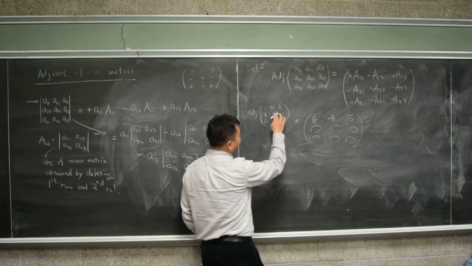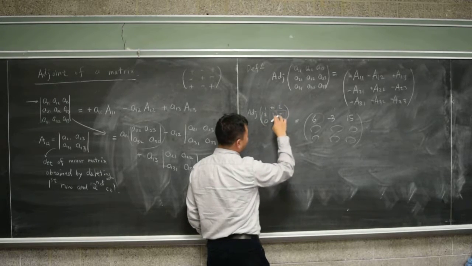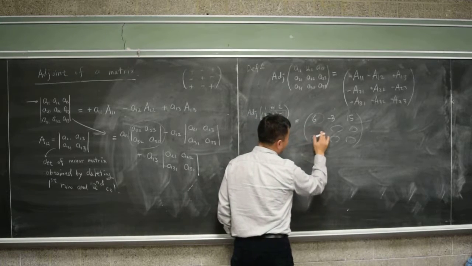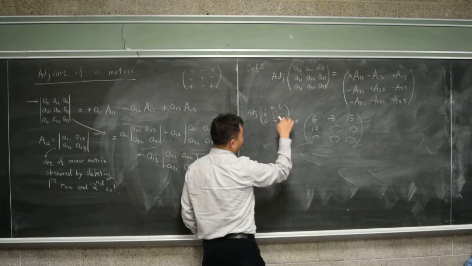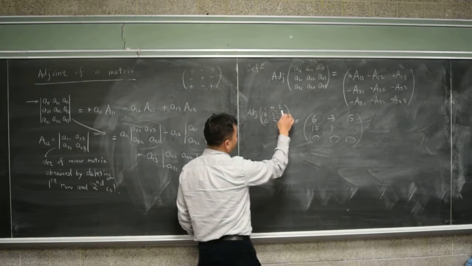Okay. 3, 1, 1. No, 3 is 0. Minus 10, but the checkerboard sign says positive 10. So it's positive 10. Then 1, let's see, it's 1. Next, -1.